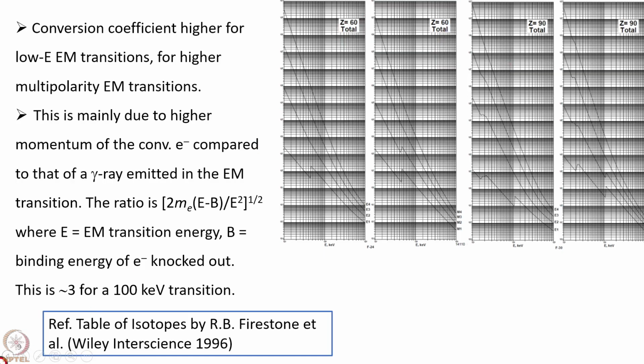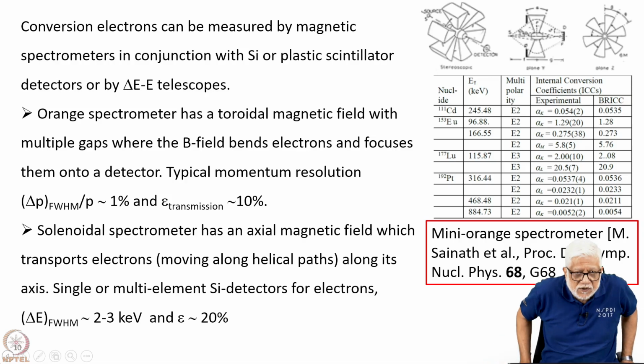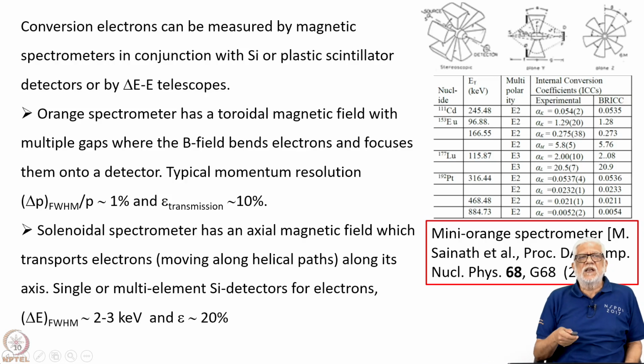And there are various ways of measuring these conversion electrons, and these are usually measured by magnetic spectrometers in conjunction with silicon detectors, or they can also be measured by plastic scintillator arrays, but you have to have delta E telescopes to emphasize the electron signal as compared to the photon or neutron signal that you might have as a huge background sometimes.